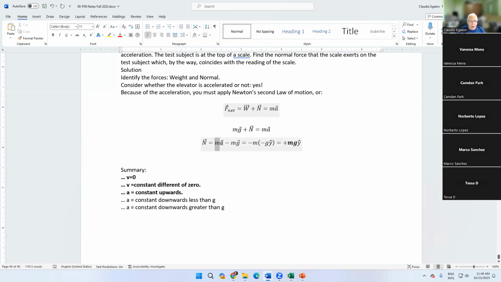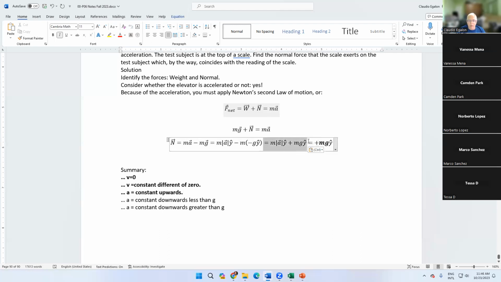Right, and now don't forget that the acceleration is upwards. Because the acceleration is upwards, it must be in the positive direction of the y-axis. And look what we get. We get something that sums with the original weight.